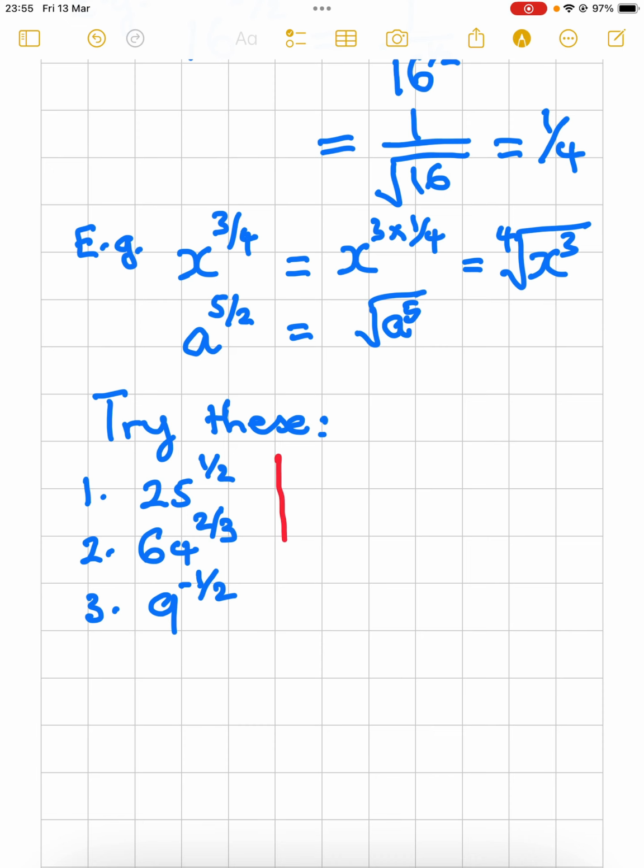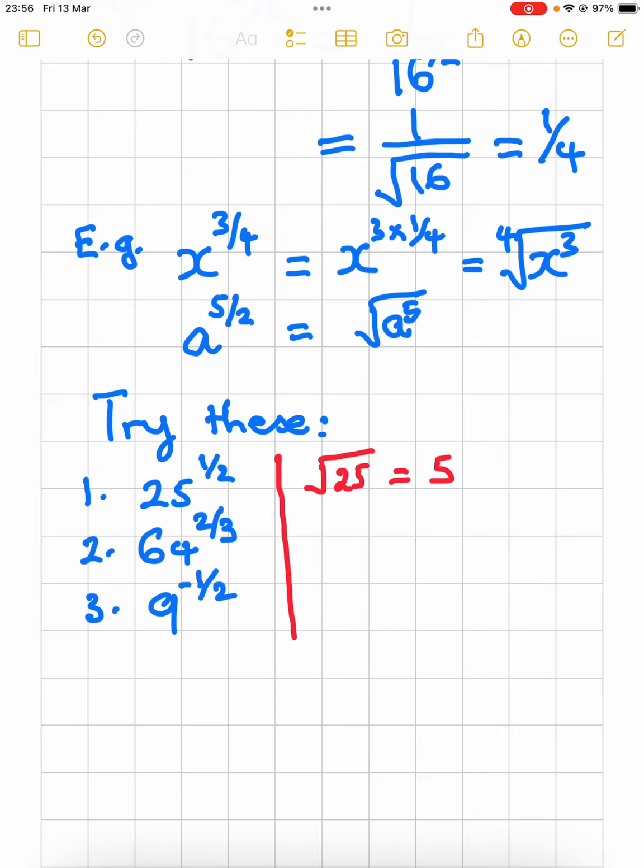Now let's work that together. The first one, the answer is square root of 25, which is 5.